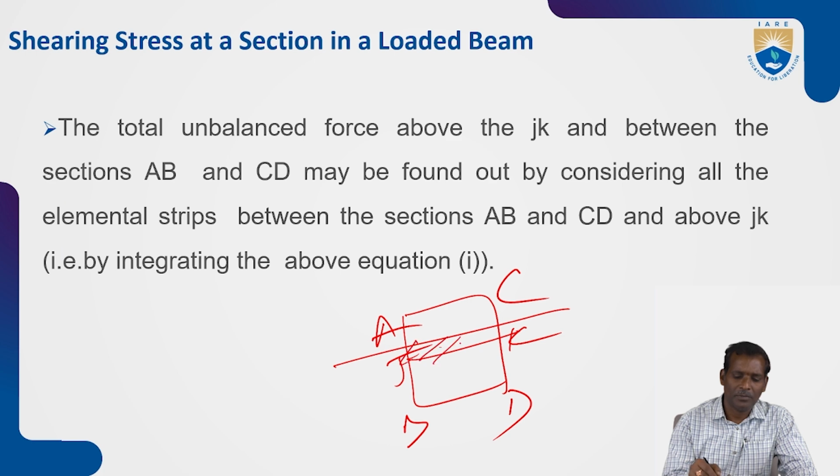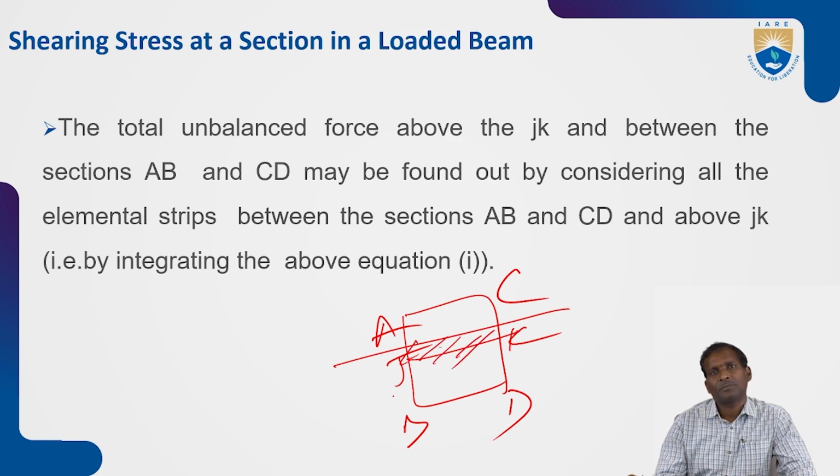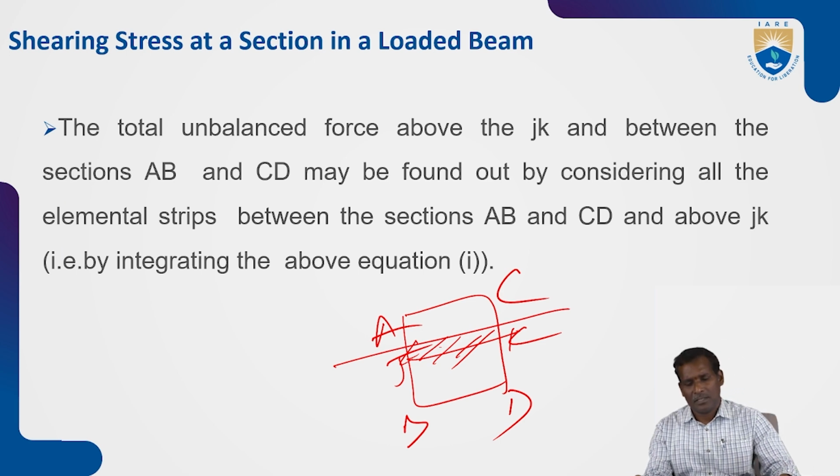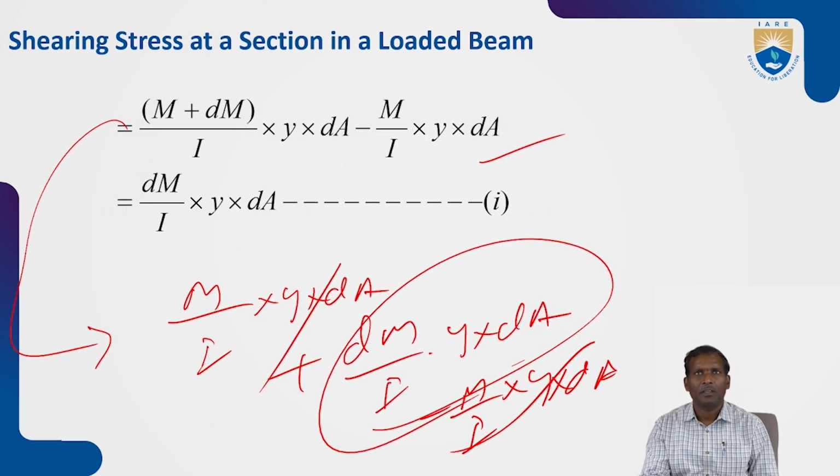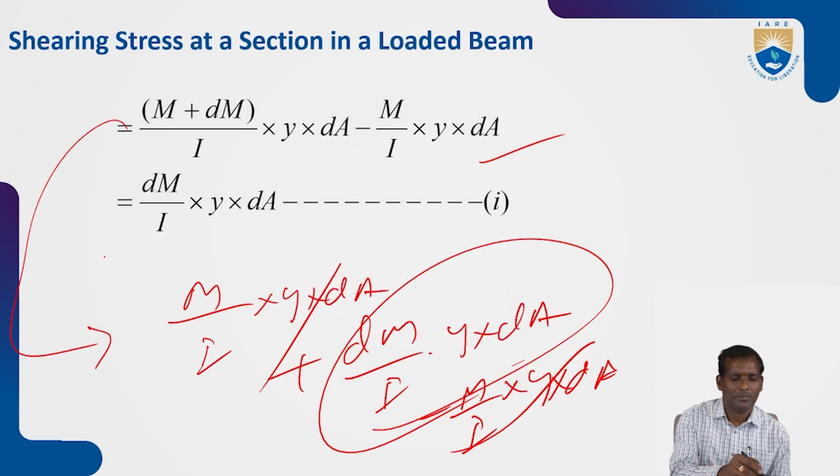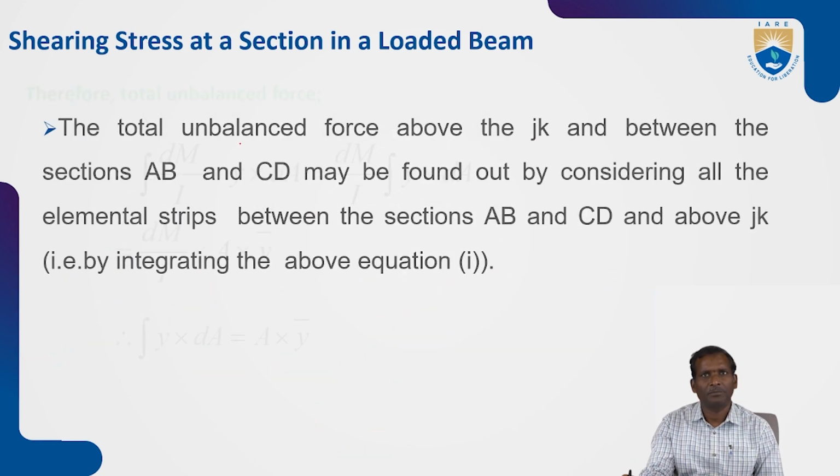So this is the small elemental strip. Integrating the first equation over the elemental strips between the sections AB and CD and above JK, we get dM by I into y into dA.